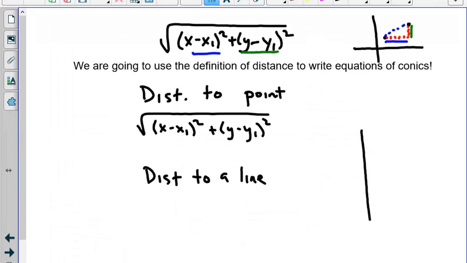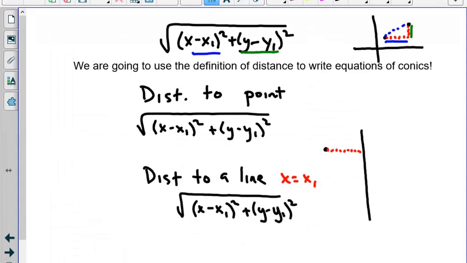So for example, let's say we're finding the distance from this particular point to this line. We would draw a straight horizontal line if we want to find the distance to any vertical line, which means that if we're finding the distance to any line that's x equals a number, we are taking the square root of x minus x1 squared plus y minus y1 squared.